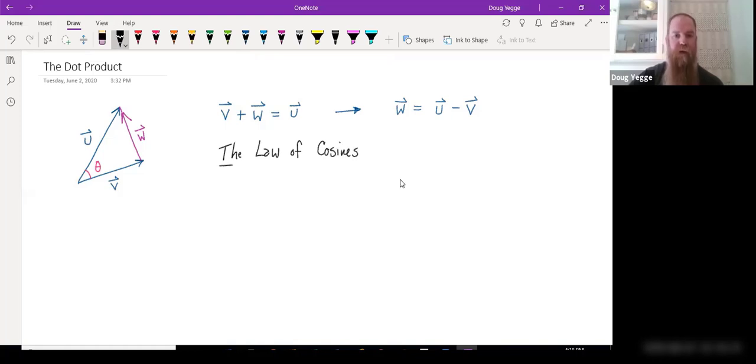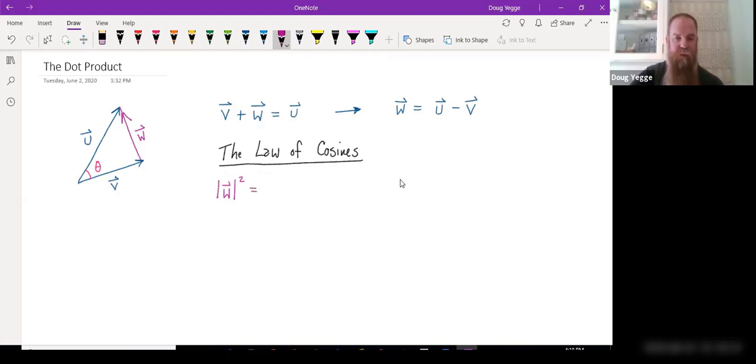If we wanted to find that angle, I start by finding the magnitude of w squared, which is the side opposite the angle.